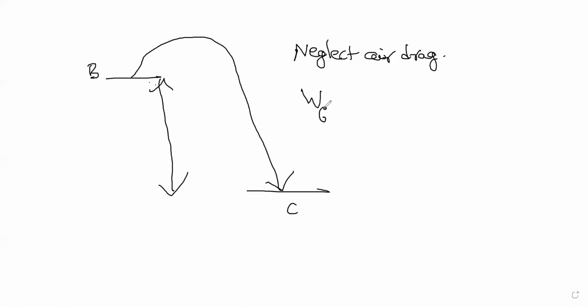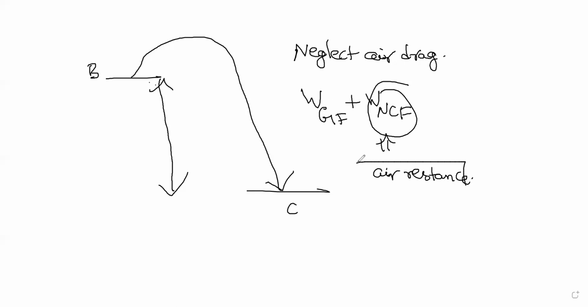Work done by the gravitational force plus work done by the non-conservative force. Non-conservative force here is air resistance or air drag, because he is not on the ski board. Work done by the air resistance is 0 because they asked to neglect it. That is equal to delta KE.